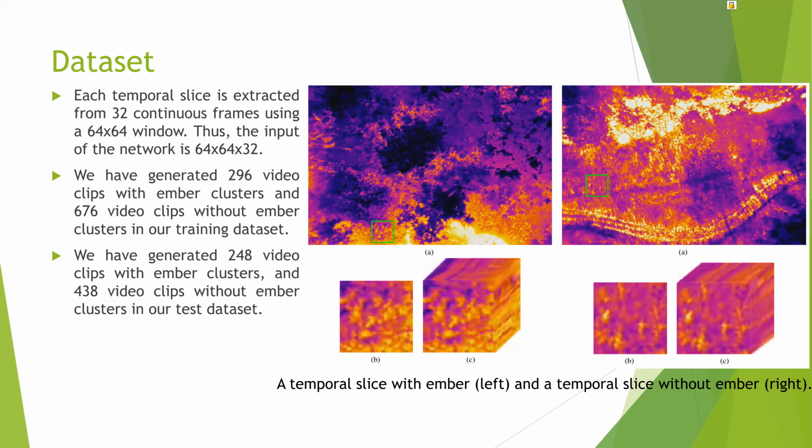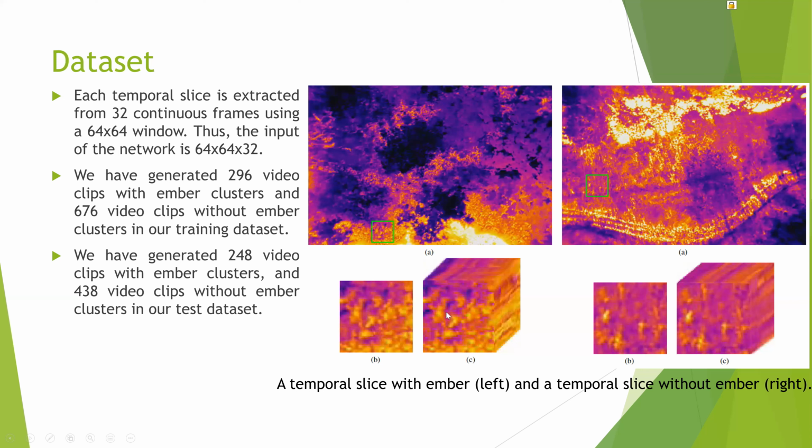And also because the frame rate is 30 frames per second, so the duration is about 1 second. We have generated this number of video clips with Ember collection, and this number of video clips without Ember collection in our training dataset. And we also generate many videos for testing.